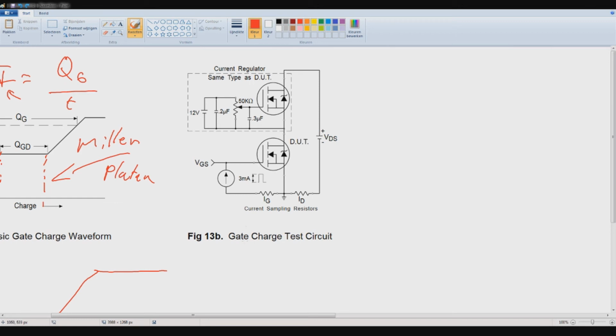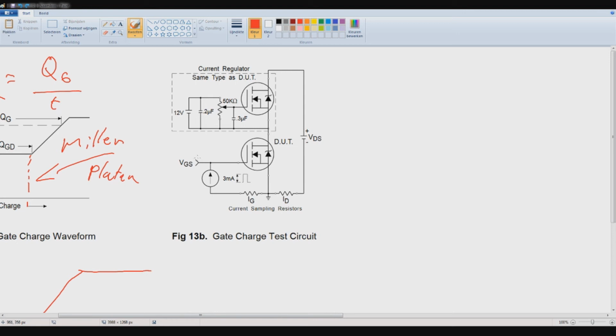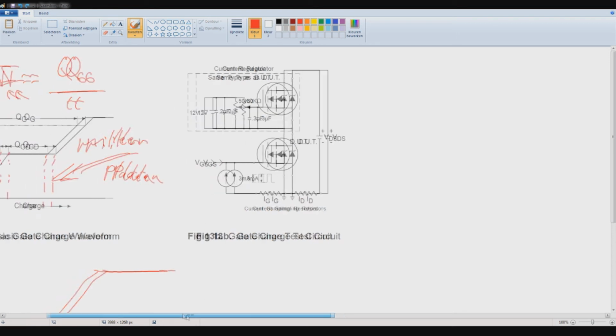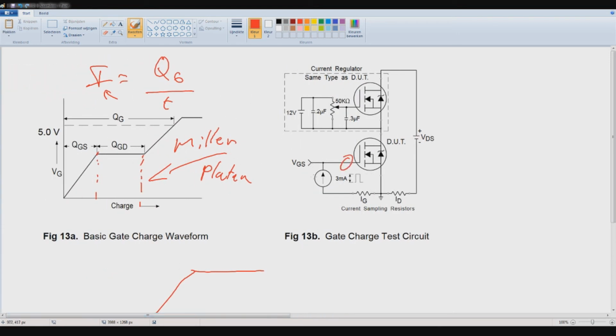I'm not sure if it's oscillating circuit, but this is a constant current source with 3 milliamp current pulsed, and then you can determine the charge over here. As it is charging, you get the current, because if this is constant, then you can get this out of it, and you get the time, which is then represented as this will be time, and you can then calculate for these values.